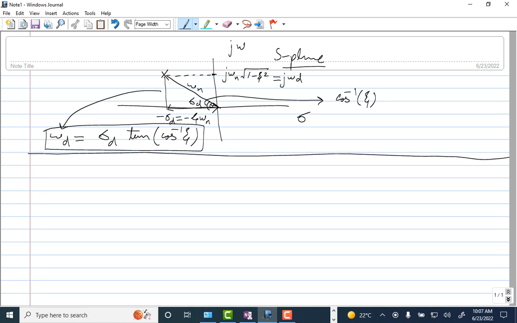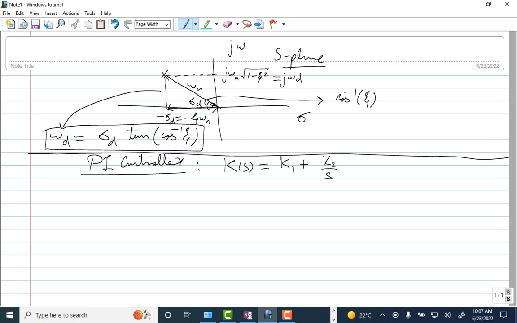Now in this video we design a PI controller. If you remember how a PI controller looks, K of s is equal to K1 plus K2 divided by s.